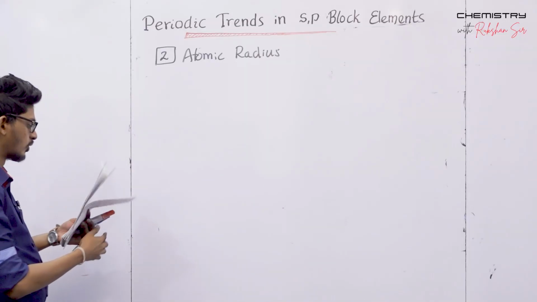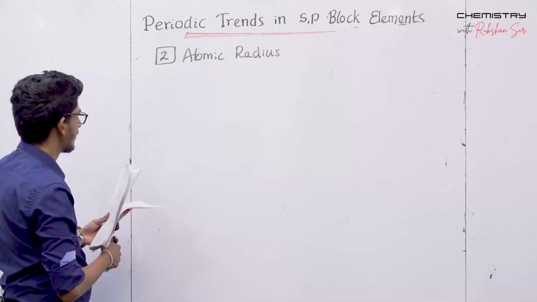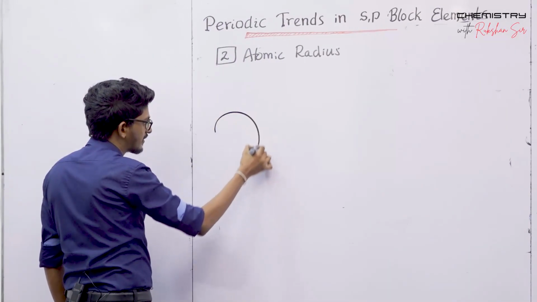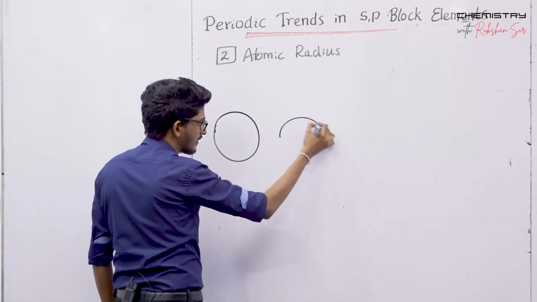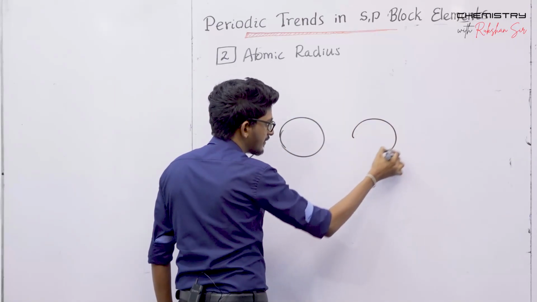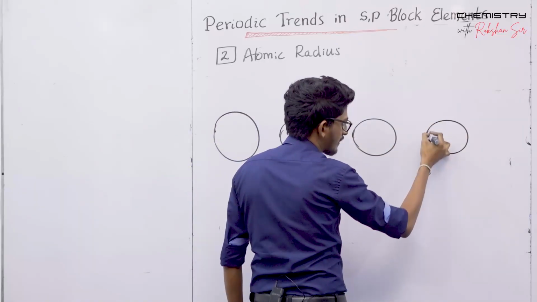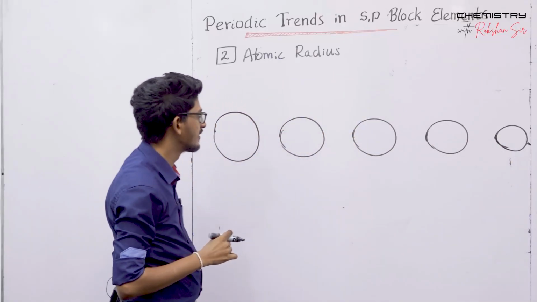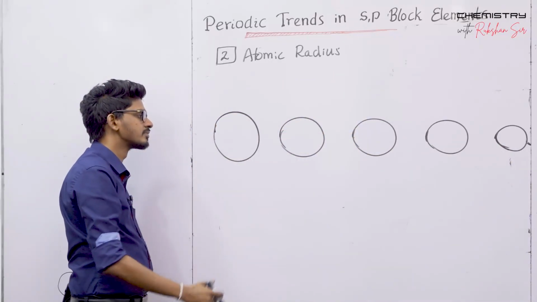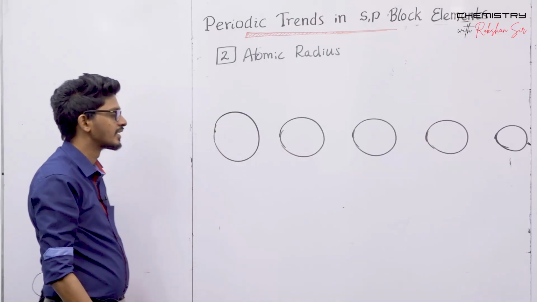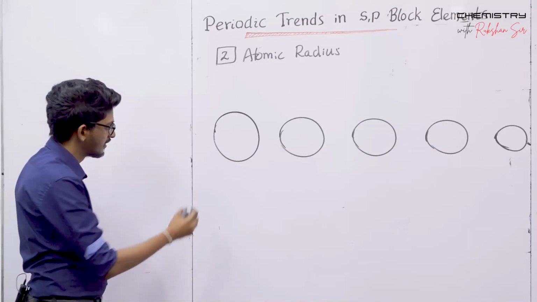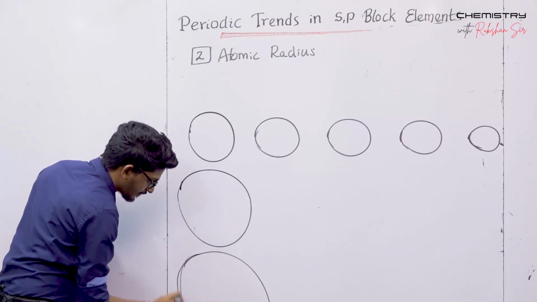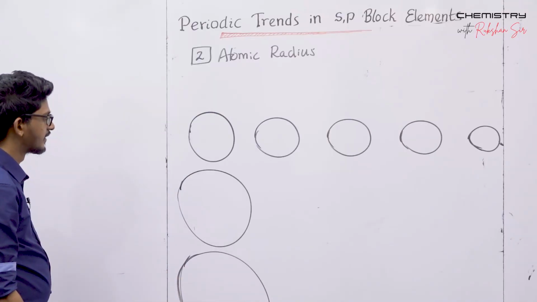If you go to the numbers there, you will see going towards the right of a period, the atomic radius decreases like this. The values, the picometer numbers, decrease going towards the right of a period. And you will see the numbers increase going down a group.